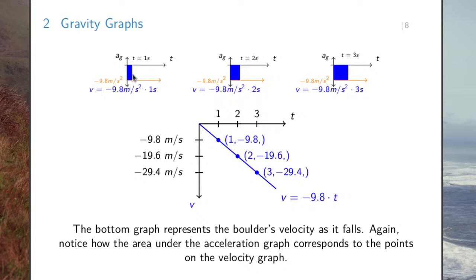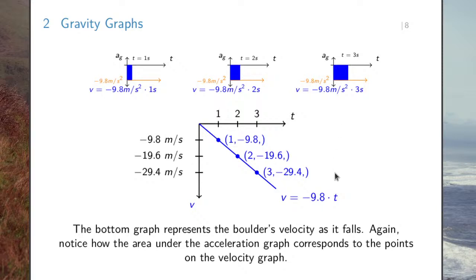And if I look at the area between the curve and the horizontal axis, that gives me the velocity. Like after 1 second, the area underneath this curve is 1 second, the width, times negative 9.8 meters per second squared, which is the height. Yeah? And the same thing happens for the 2 seconds after the boulder is dropped, and again for 3 seconds after the boulder is dropped, right?